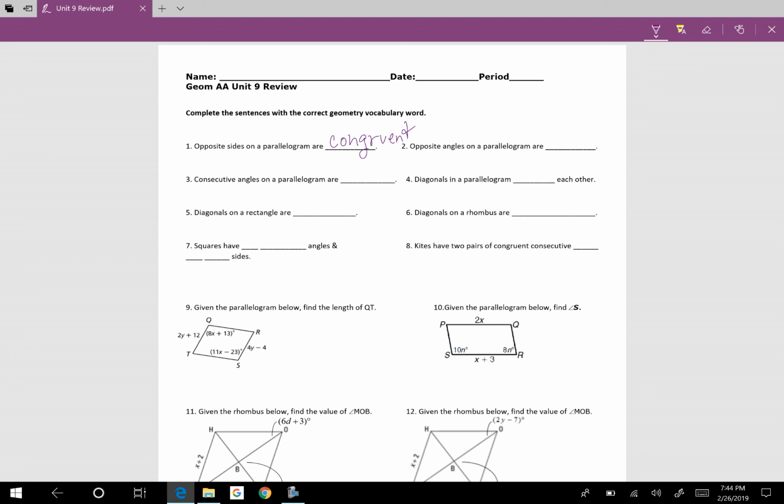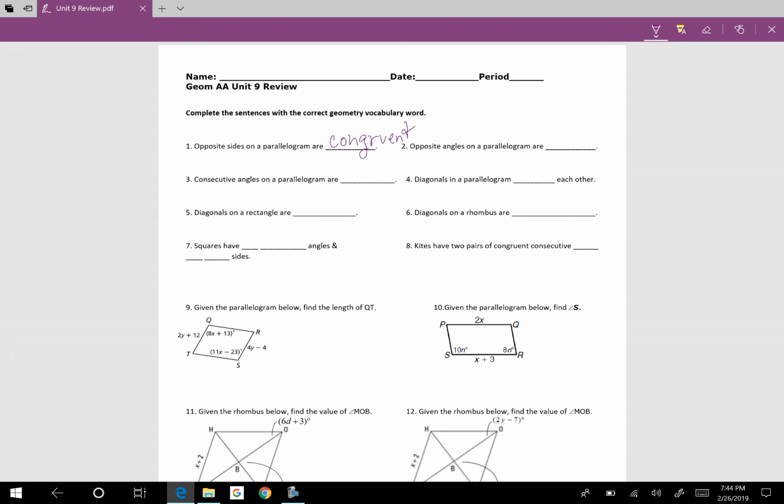Okay, squares have 4 right angles and 4 congruent sides. And then kites have 2 pairs of congruent consecutive sides.